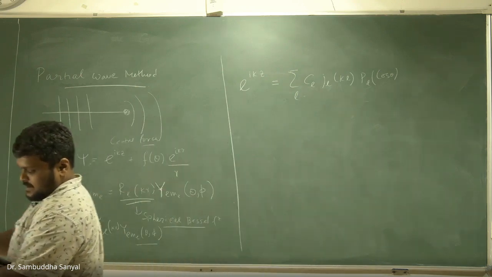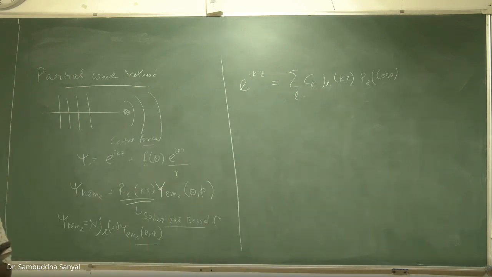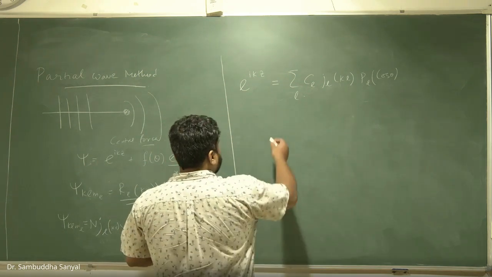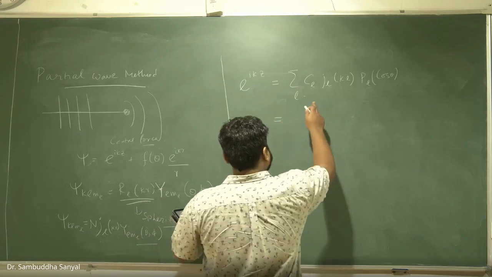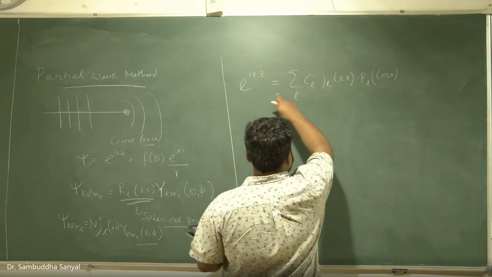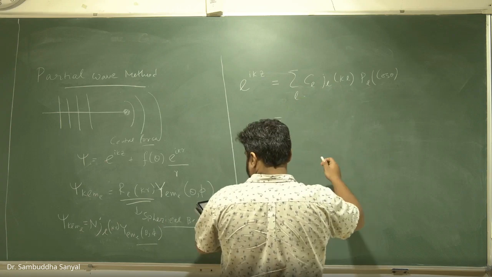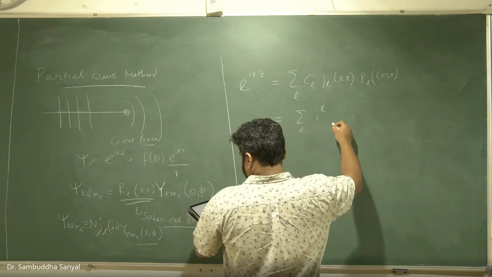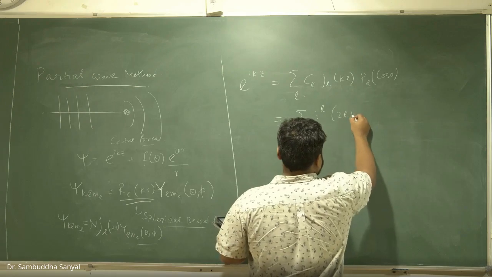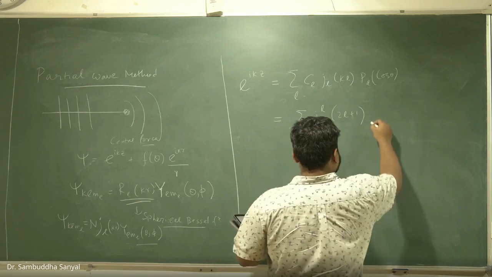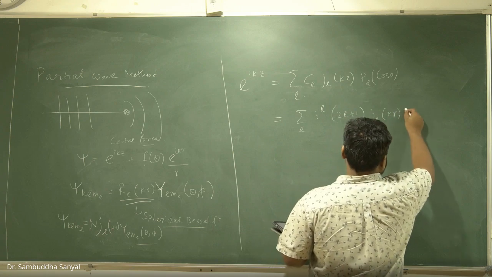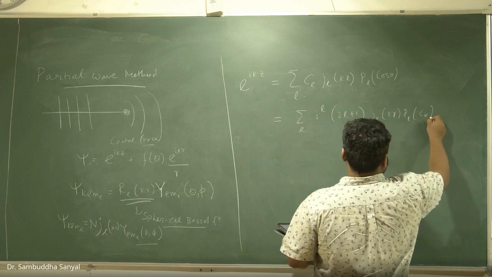Then I mentioned how to calculate it. I didn't, of course, do it in the class, and it is worked out in my notes. When you do that, using the orthogonality property of this Legendre function, you get i to the power L, 2L plus 1, j L k r, P L cos theta.